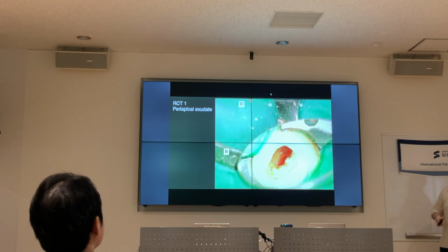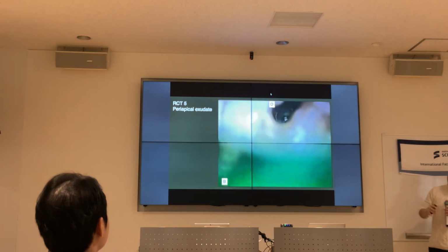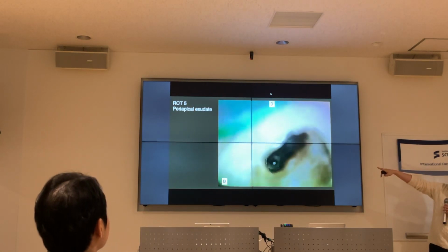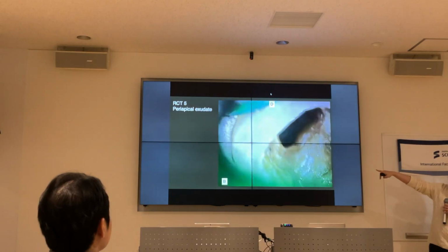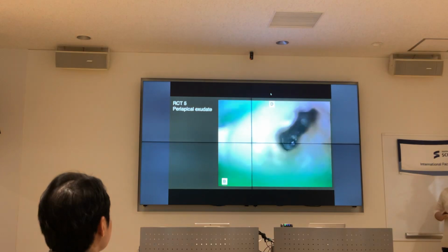It didn't stop. After one minute, bleeding and extrusion is over the root canal area. After five root canal treatments, the extrusion didn't stop like this. So in such a condition, it is difficult to fill the root canals.